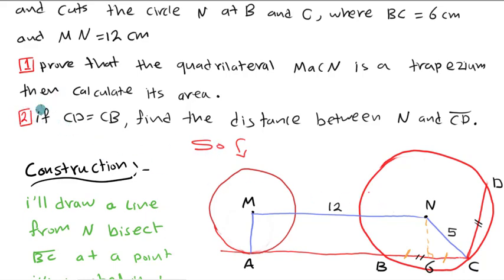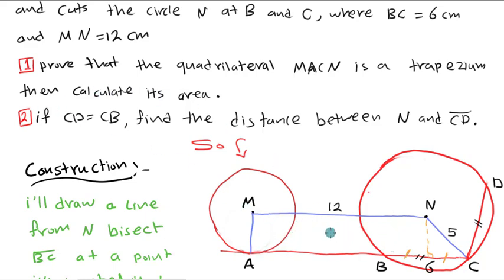What is required? First, prove that the quadrilateral MACN is a trapezium, then calculate its area. At first I will prove that MACN is a trapezium, then after that I will calculate its area.